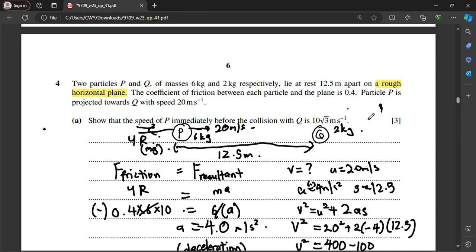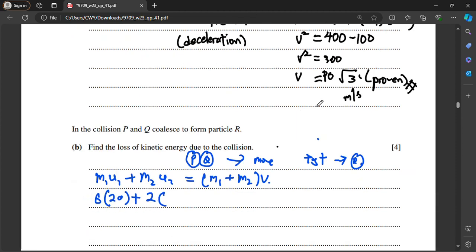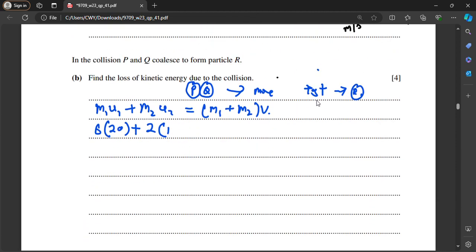Is it? Because this is rest. Particle P. Yeah, this is 10 root 3. So it equals 6 plus 2 v. This is what we have to find. Simplify: 120 plus 20 root 3 equals 8v.